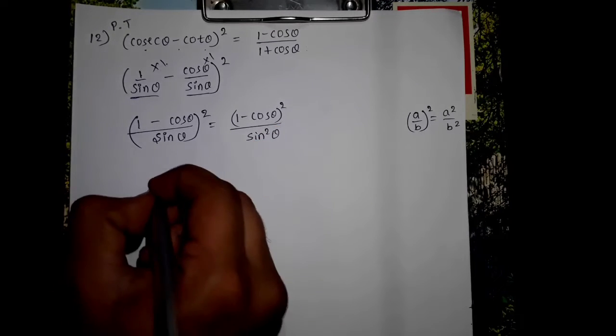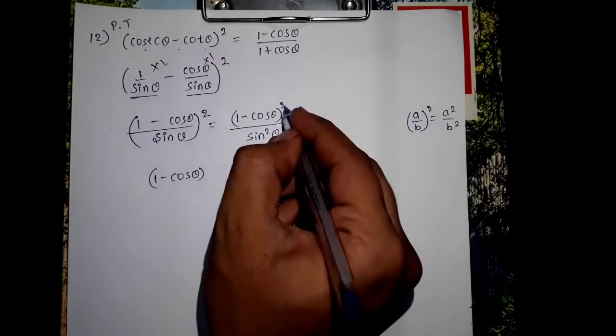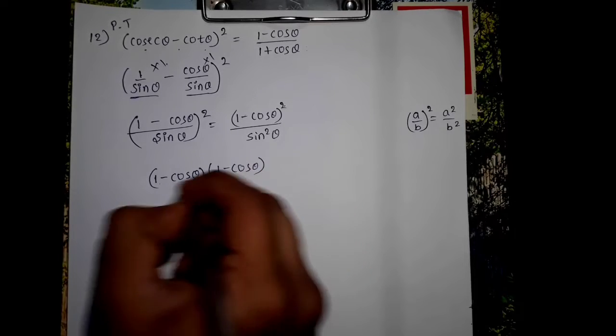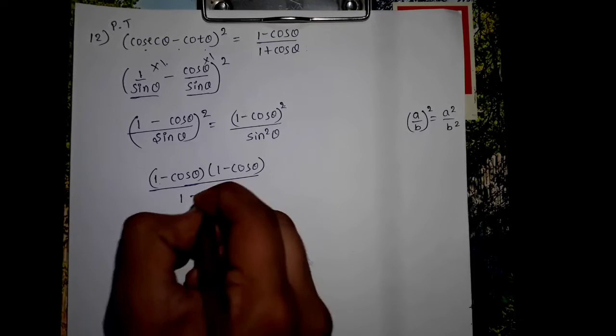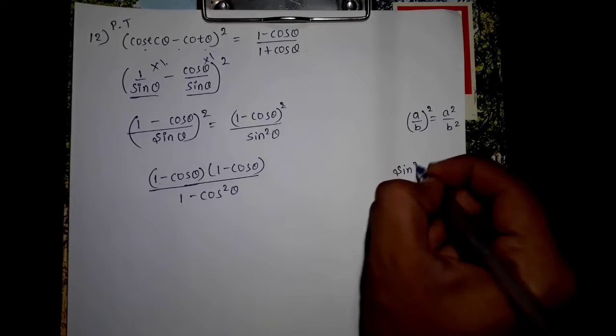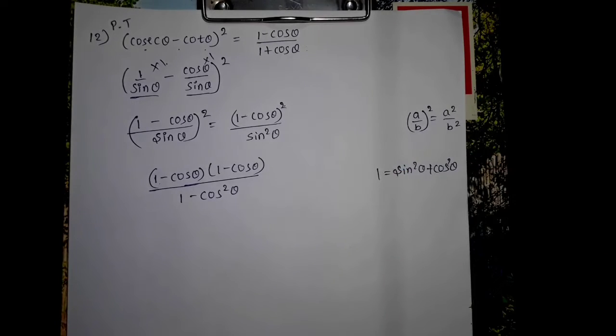Now next step, (1 − cosθ)² can be written as (1 − cosθ) into (1 − cosθ), divided by sin²θ, which can be written as 1 − cos²θ. By identity, sin²θ + cos²θ is equal to 1, isn't it?